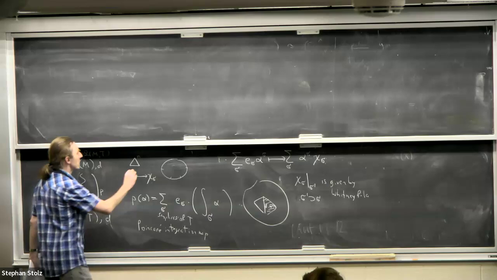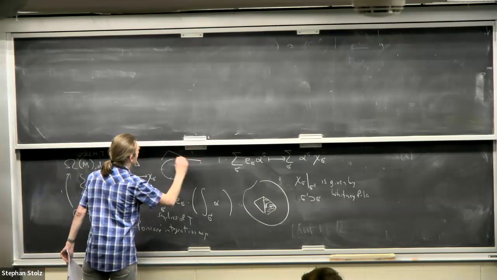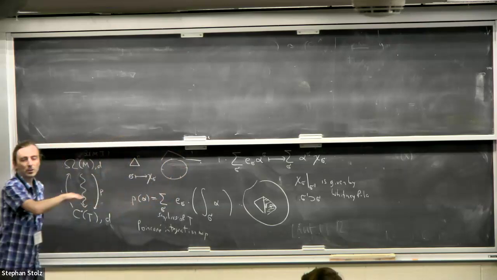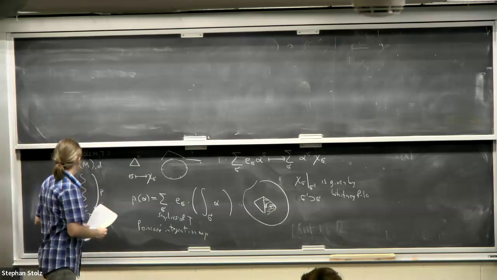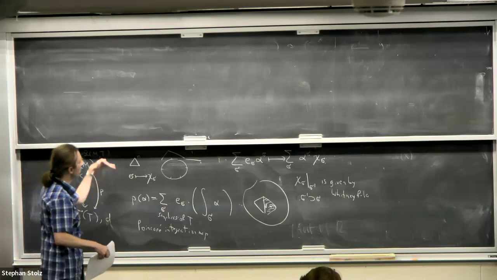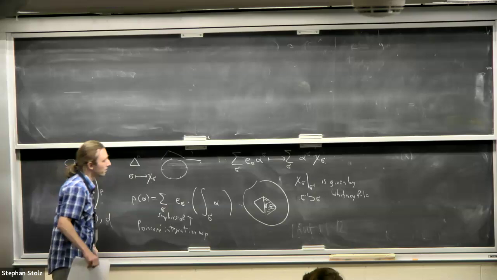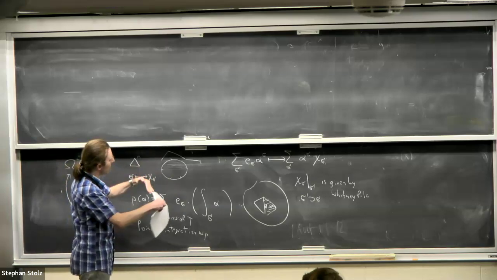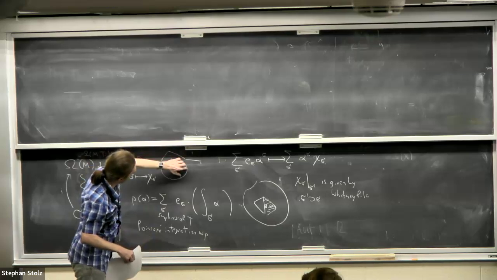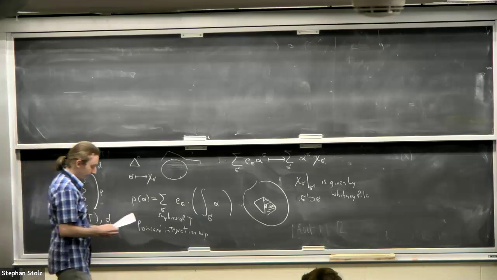So zero forms would be piecewise linear functions, continuous piecewise linear functions, and that would be in the image of I. But for one forms, it would be piecewise constant one forms. They would look locally like some constant times dt, where t is the barycentric coordinate on the respective simplex.